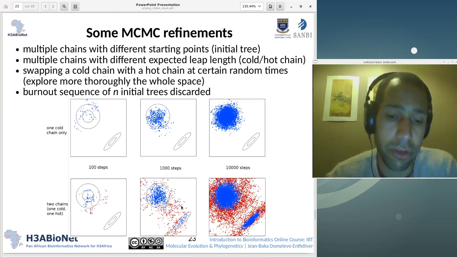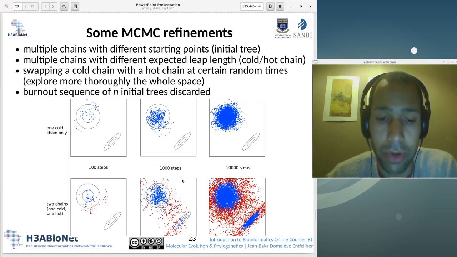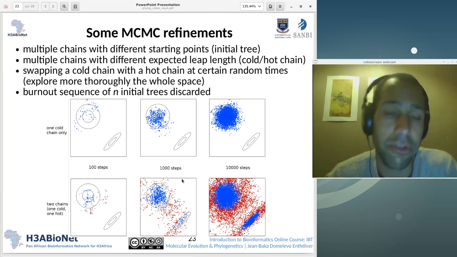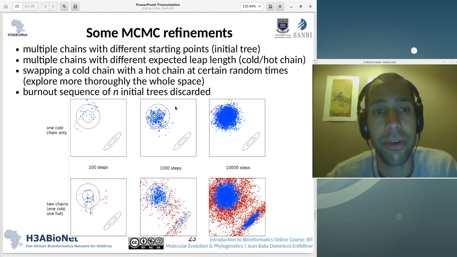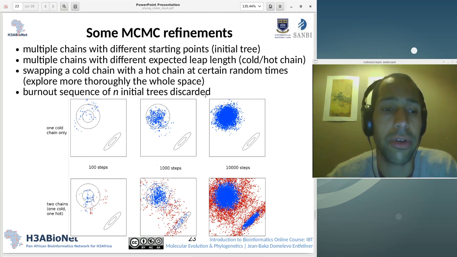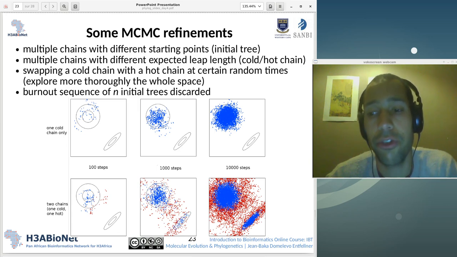So a chain that started here, for instance, spent lots of time exploring a region of the likelihood landscape that has little value. So another technique in MCMC is to have a burn-in initialization of your chain that we just discard.